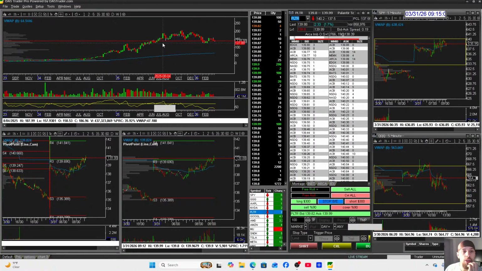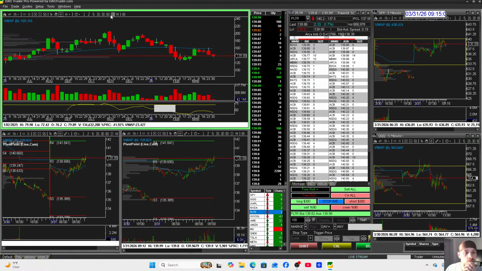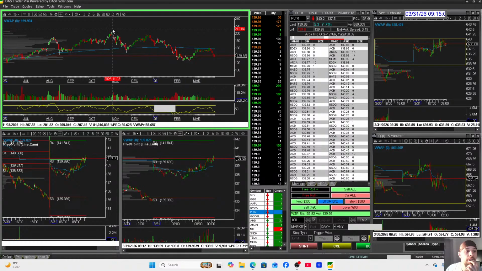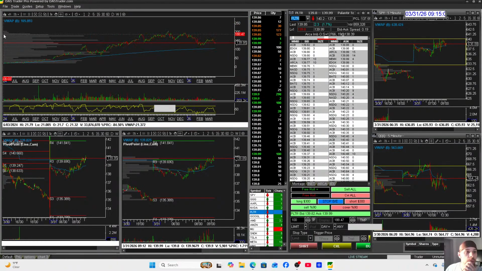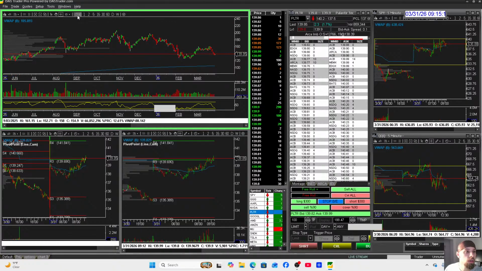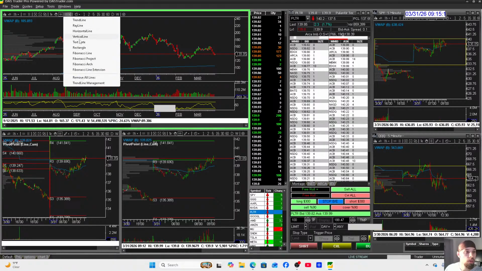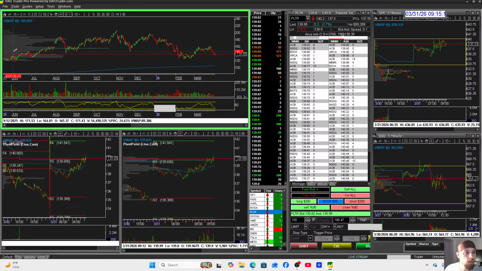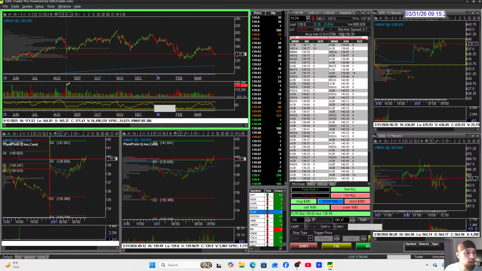Okay, PLTR. Zooming out here, just seeing where we're at. Area of resistance that I'm going to mark. Let's see. Get the rectangle going. I'm going off this candle right here, this big candle.